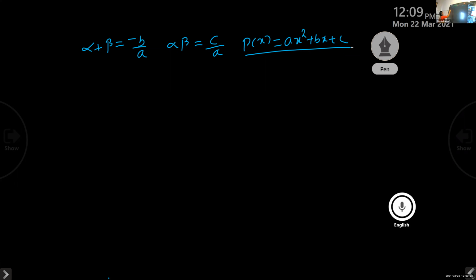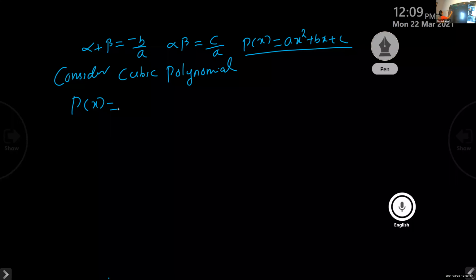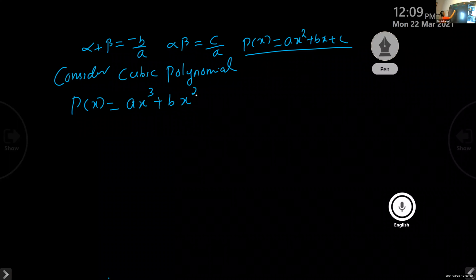Now we will consider a cubic polynomial. Consider a cubic polynomial p of x equal to ax cube plus bx square plus cx plus d.